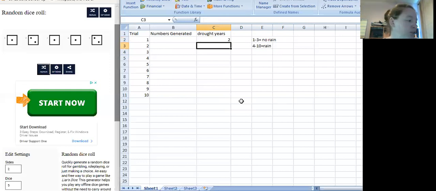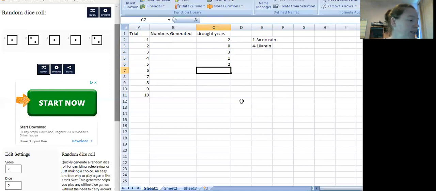For trial number 2, how many numbers do I have between 1 and 3? 10, 4, 6, 5. None. For number 3, how many numbers do I have between 1 and 3? 3, 2, 10, 3. 3. Number 4, how many numbers do I have between 1 and 3? 2, 10, 4, 4. 1. Number 5, 7, 3, 6, 3. 2.